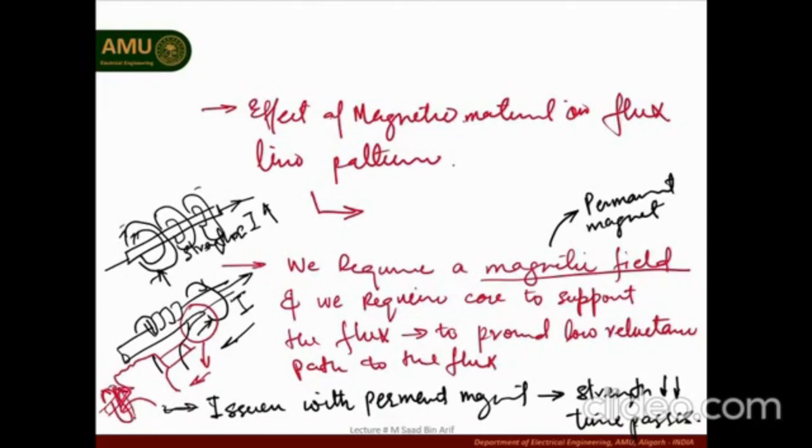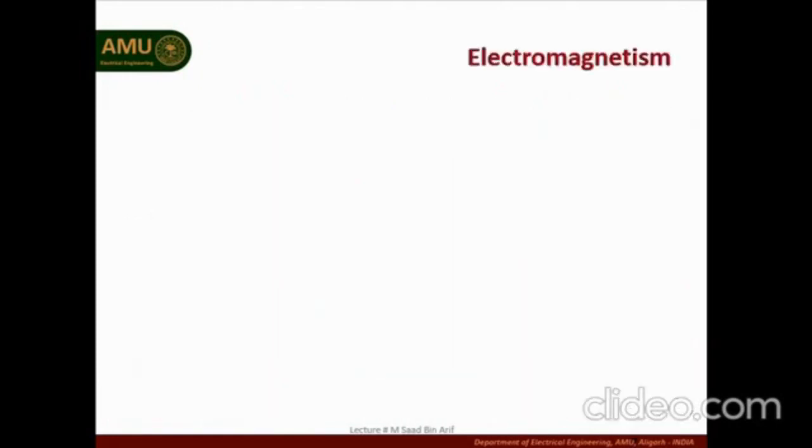If we increase the current, we can increase the strength of the magnetic field, so as per our requirement we can obtain the required strength. Also, if we want to change the direction of the magnetic field, we can do so by changing the direction of the current.